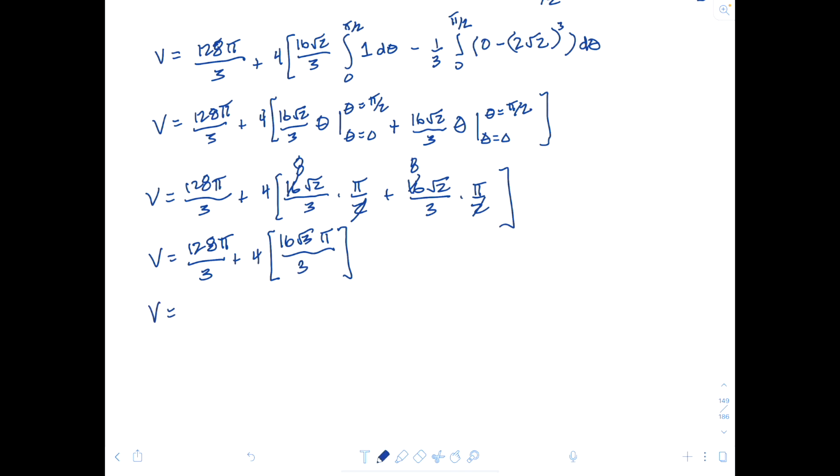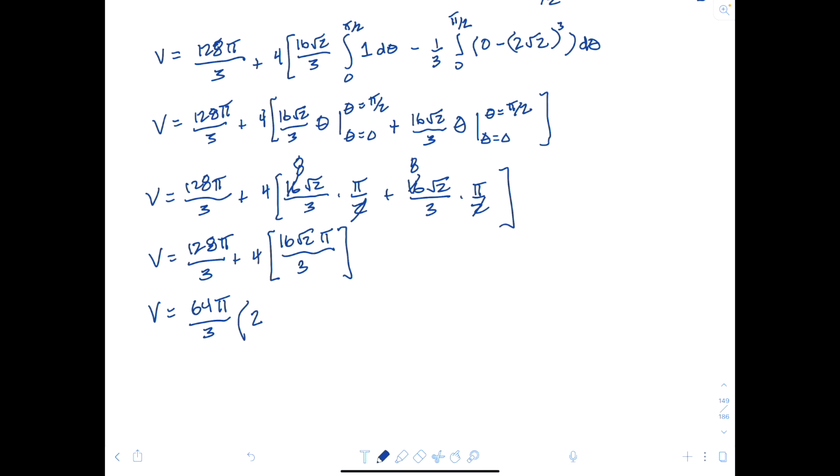So our volume would be, let's see, we can take out a 64 pi over 3 from each of them, and then we'll be left with a 2 on that first part, and then, oh, sorry, this should have been the root 2, my bad.